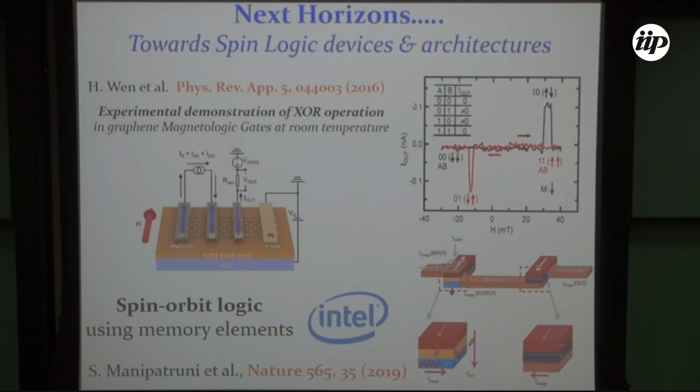Beyond, there are horizons that people have tried to put forward. I think the first one was Roland's, about these magnetologic gates at room temperature, showing that you can encode with this non-local spin information some spin logic functions, spin gates. And then there are some spin orbit logic, a theoretical proposal just published by Intel in order to use this for computing.